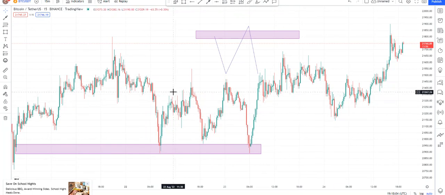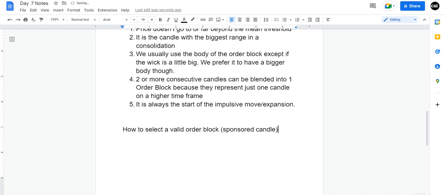So what we'll go and talk about now is the sponsor candle. What's the first rule for a sponsor candle?